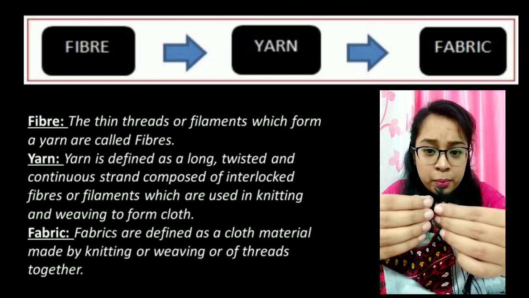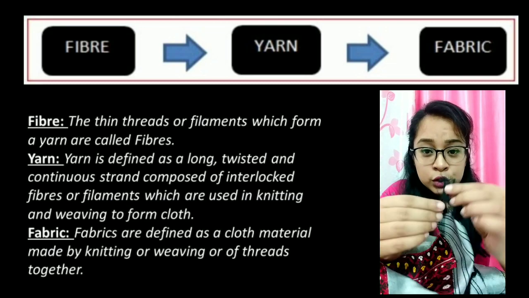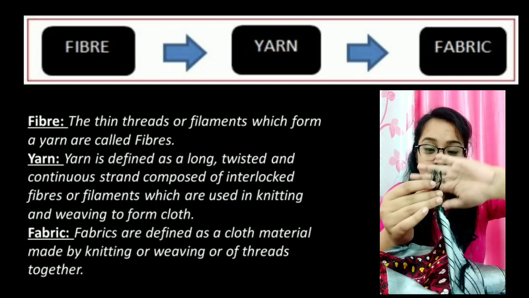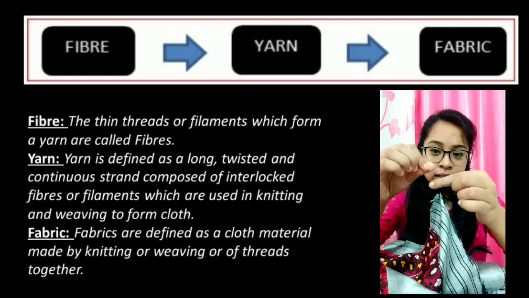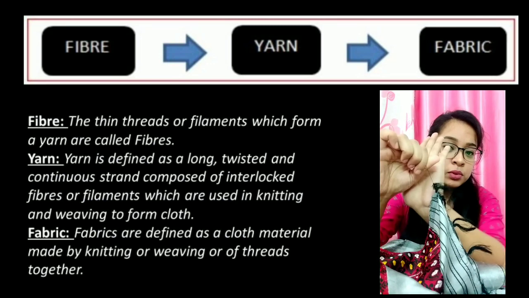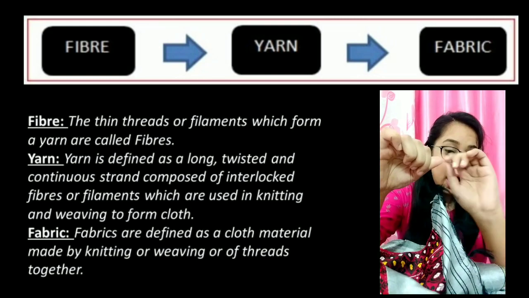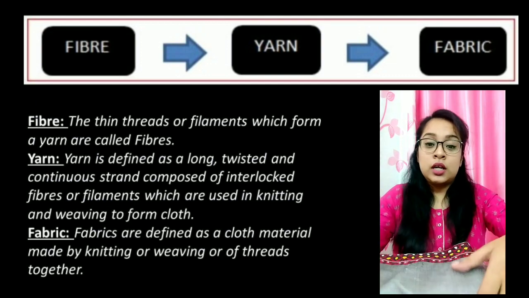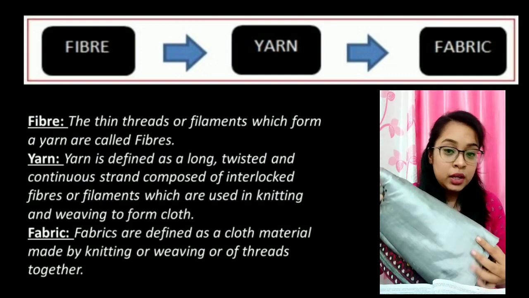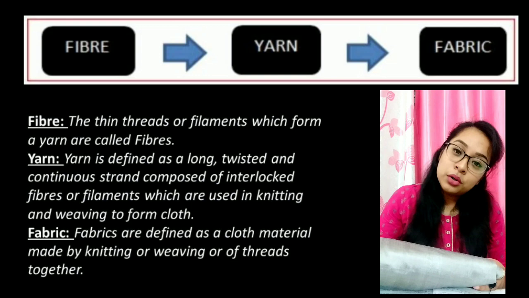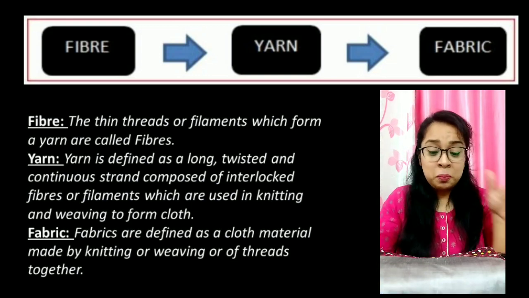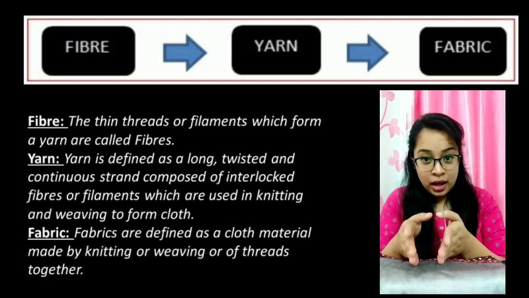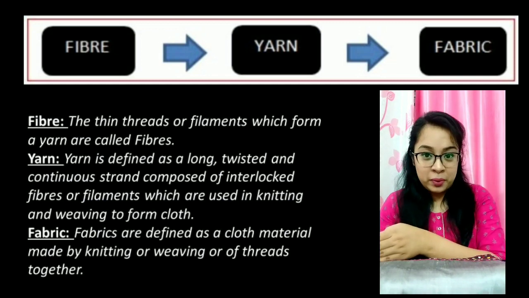So minute fibers are there, and when these fibers are twisted, they form the thread, and when this thread is woven together we get the fabric, and with that fabric you can make saris, kurtis or anything. So the pattern is fiber to yarn and then to fabric.